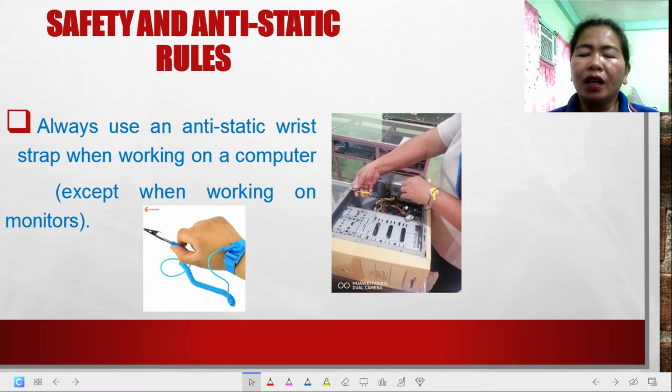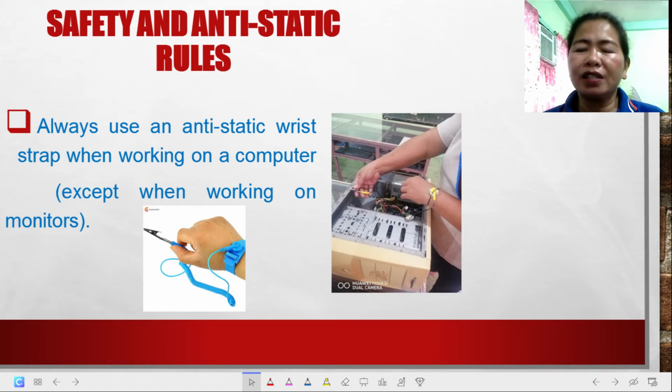So there are pictures or images that I have included in this video. This shows the use of the anti-static wrist strap. The first picture is of the anti-static wrist strap itself, and the second picture is my picture, illustrating how the anti-static wrist strap is used.